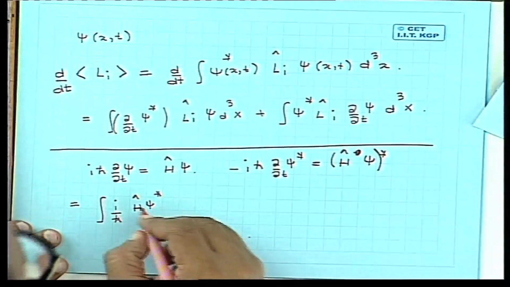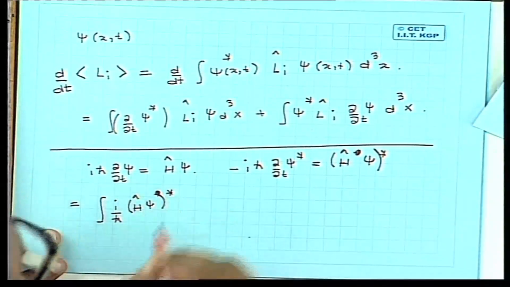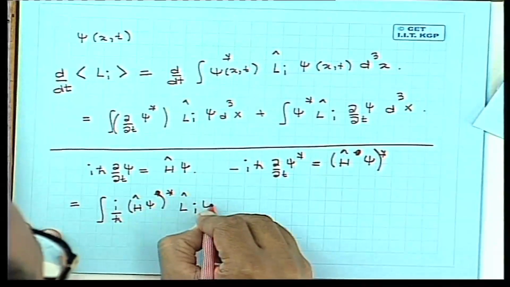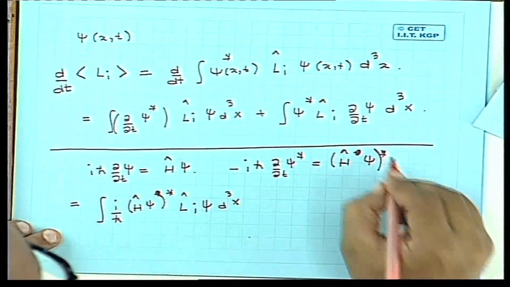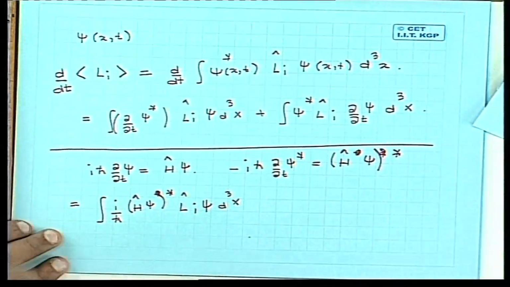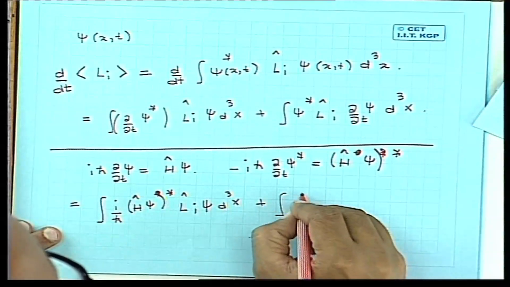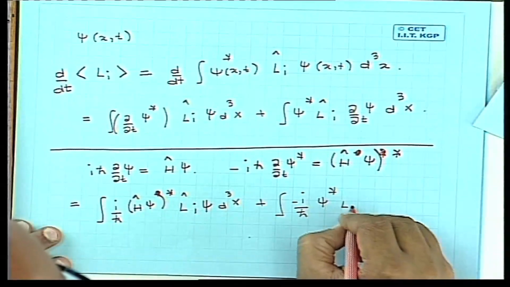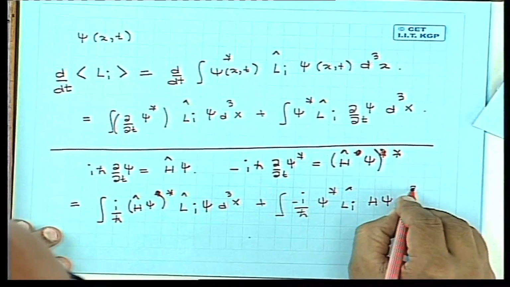Let us keep it like this, the Hamiltonian acting on psi star, and then I have Li acting on psi d cube x. I am just taking the complex conjugate of this equation, and then I have plus i by h cross psi star Li acting on H psi d cube x.